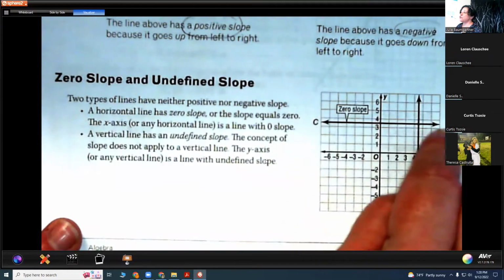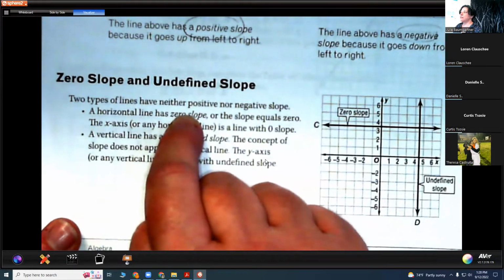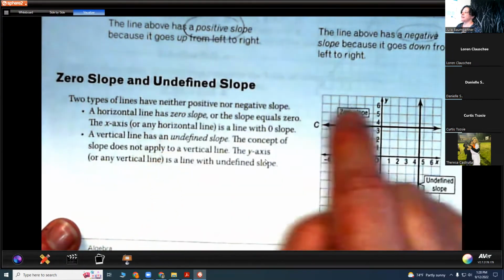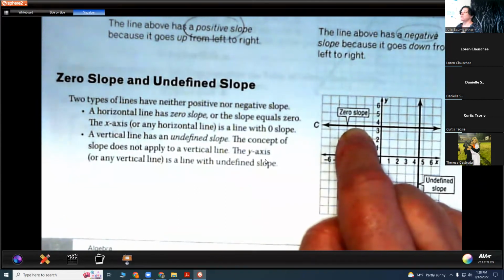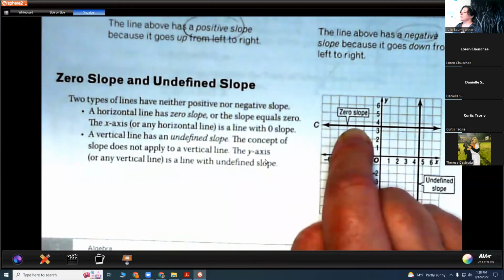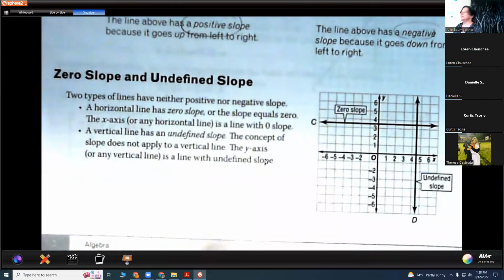If our line is horizontal, how does that affect the slope? Well, it means that there is a slope of 0. Does everyone agree, or does that feel like it makes sense? Yes. I mean, clearly it's not moving up or down, it's just flat. So 0, nothing, no slope to the line, right?